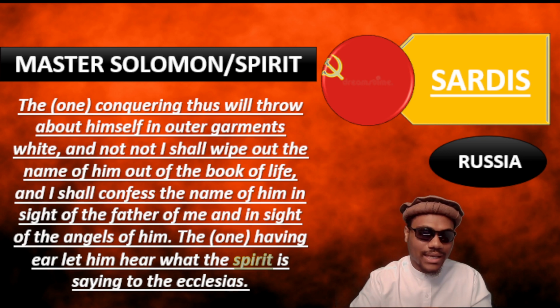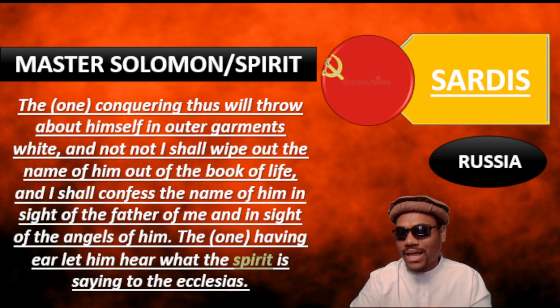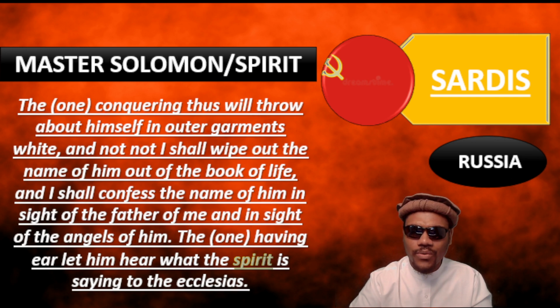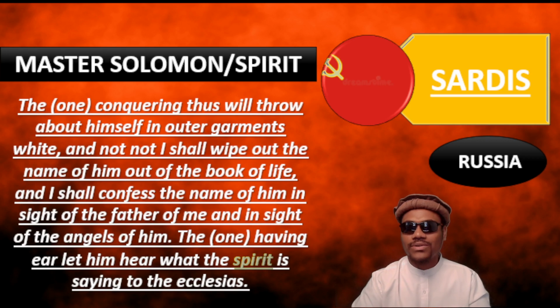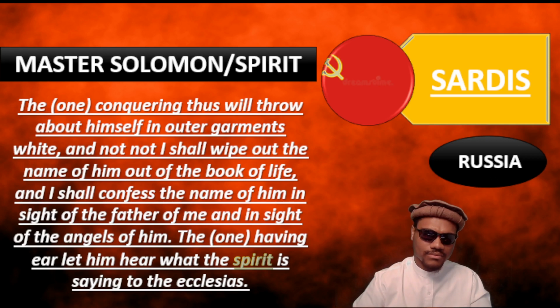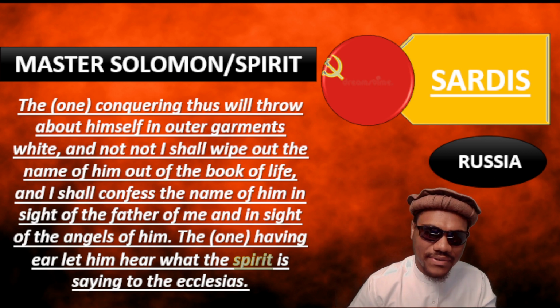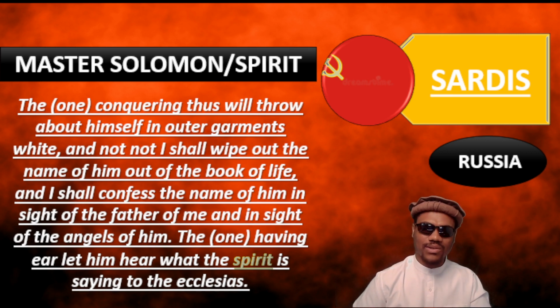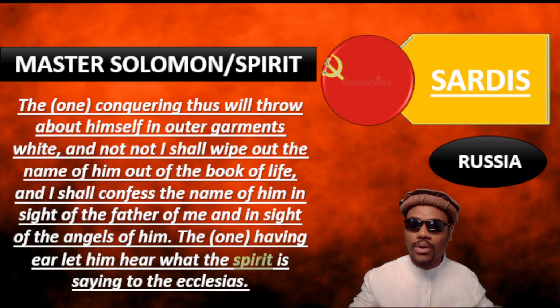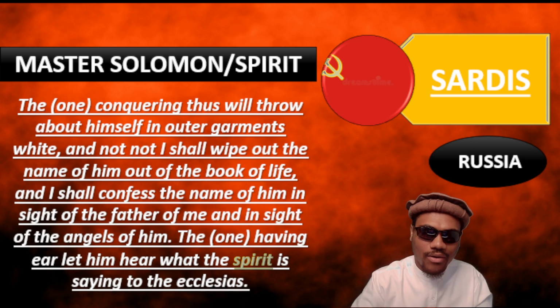So, like I explained, that's the whole setup of the Lion Throne. The Europeans, they're the white robes, the white garments that's over those nations that was dominating those nations. And it says, about himself in outer garments white. Will throw about himself in outer garments white.